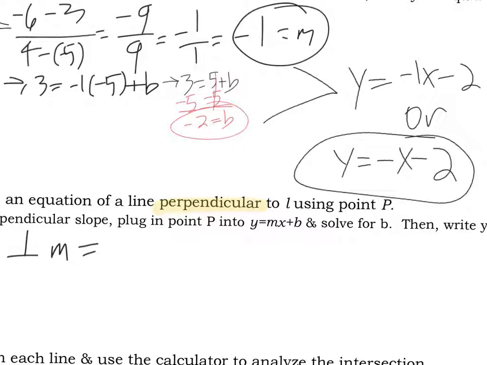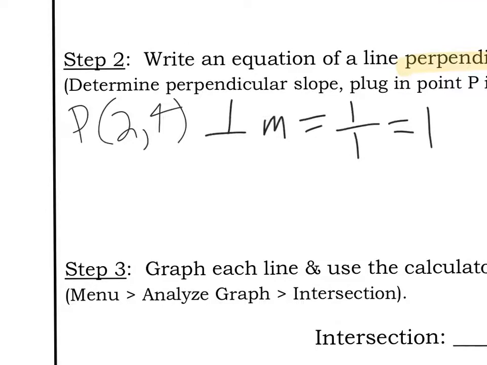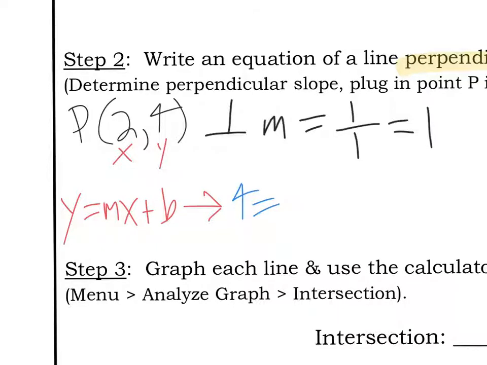So flip that, and it's +1 over 1, the opposite reciprocal, or you could just write m equals 1. So if m equals 1 and P is at (2, 4), use that for your x and y and plug it into your y equals mx plus b formula. So we're going to write down 4 equals 1 times 2 plus b.